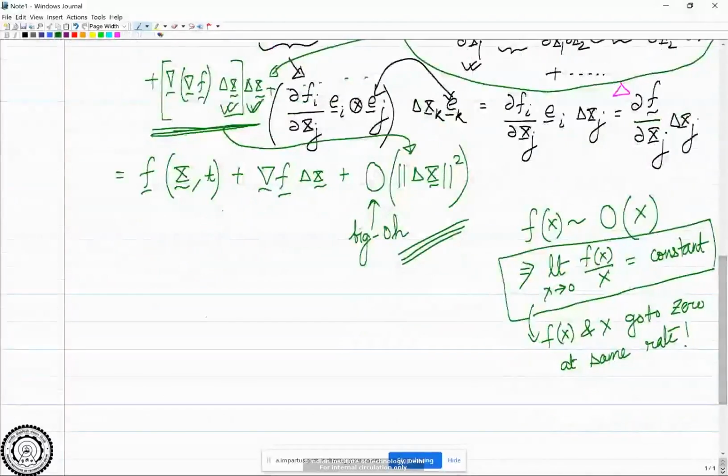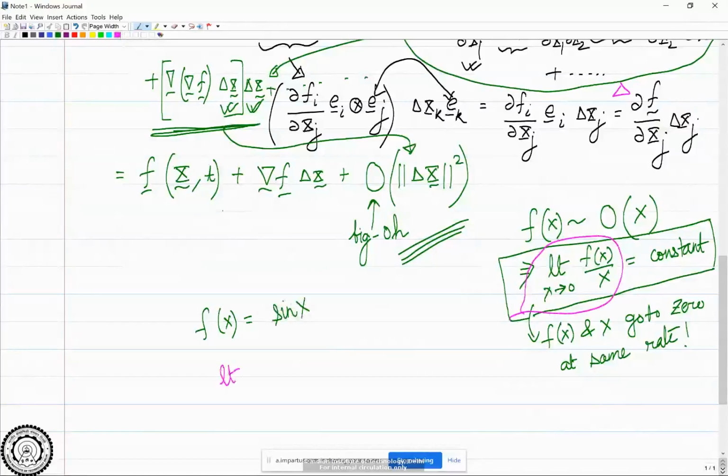So for example, suppose f of x is sine of x, then can you tell me what is the order of f of x? So I have to simply evaluate this thing on the left hand side. So limit, we have sine x by x, x going to 0.